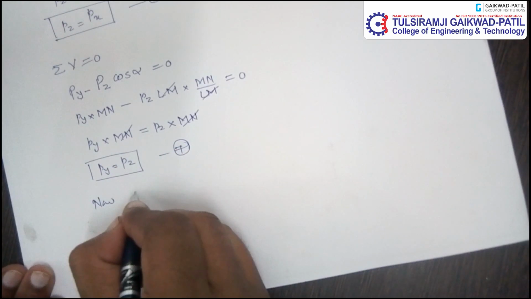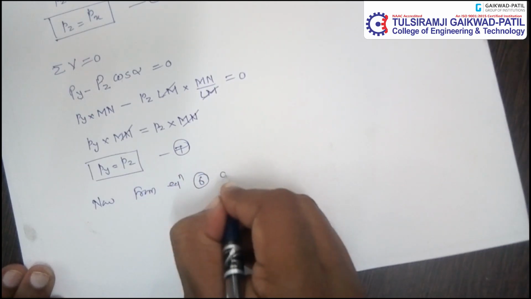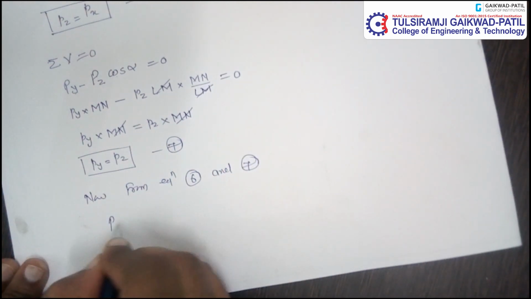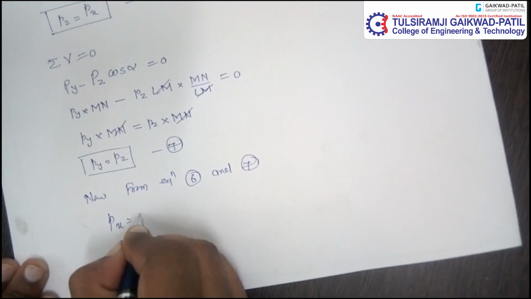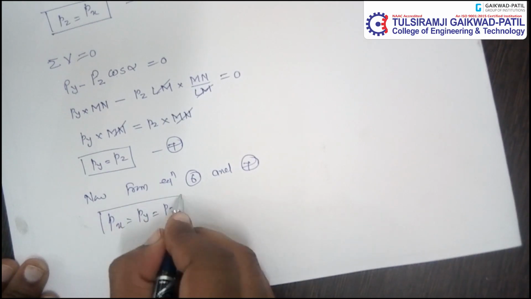Now we can conclude that from equation 6 and equation 7, small px is equals to small py is equals to small pz.